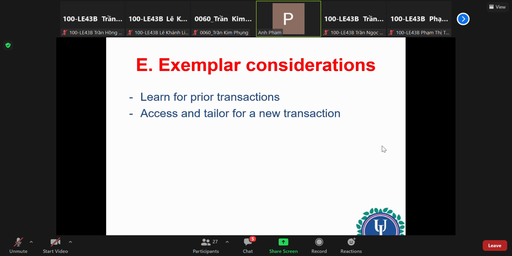Because in practice, it is rare that people draft a contract from the beginning to the end. They usually learn something from others, and they use that template. They access the template and tailor it to make it correct for the new transaction.